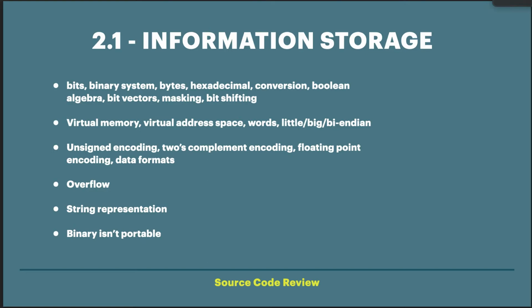Okay, so masking is when you AND 2 bit vectors together, but more specifically, a certain type of bit vector. So let's say you have two 8-bit vectors, okay? One of these vectors, it doesn't matter, but let's just say 1, 0, 1, 0, 1, 0, 1, 0.